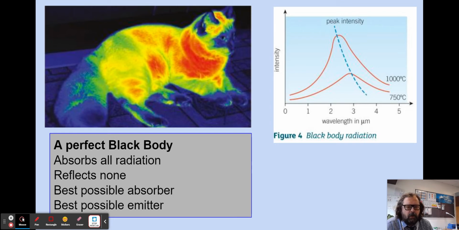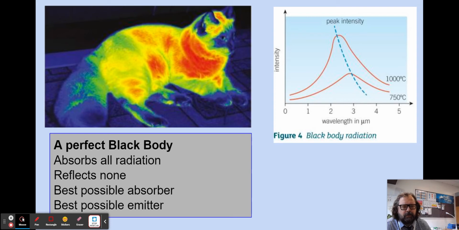The color of hot objects is because they are emitting different wavelengths of electromagnetic radiation. And this graph here is showing you two things: that when the temperature increases, so this top curve is 1000 degrees Celsius compared to the lower curve, which is 750.